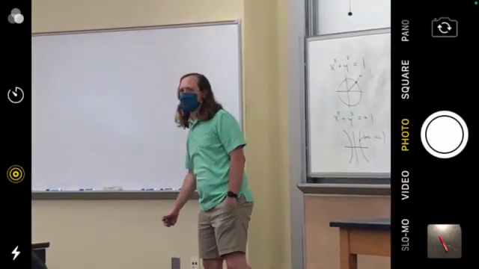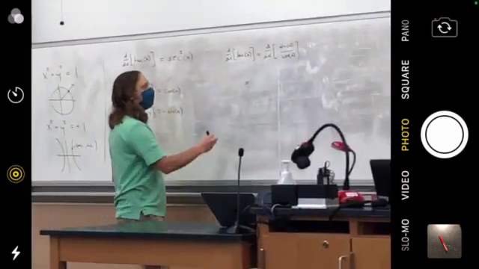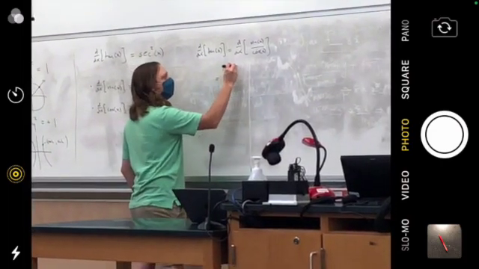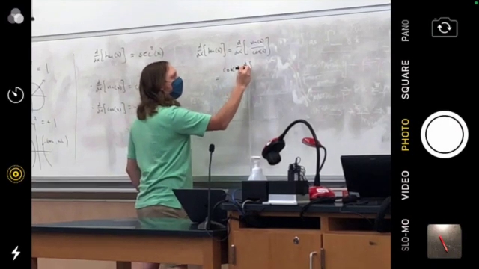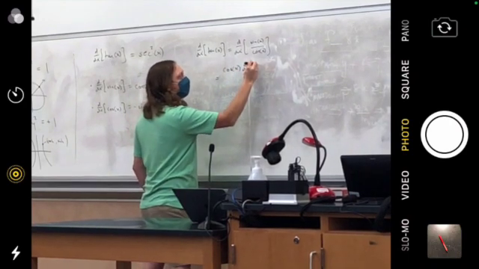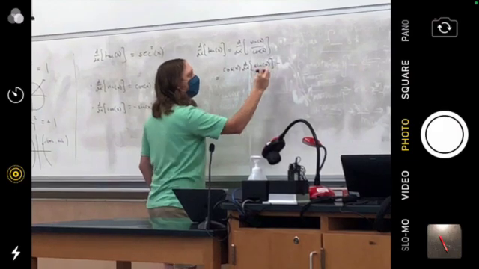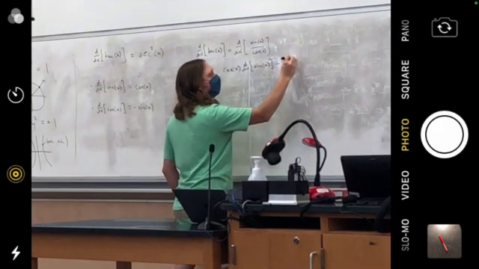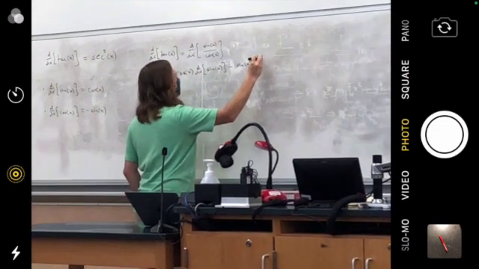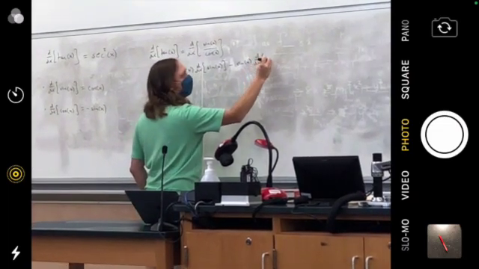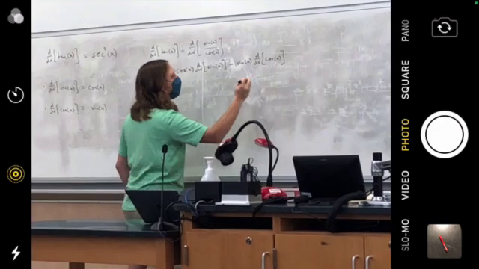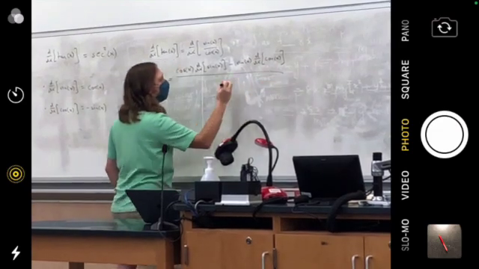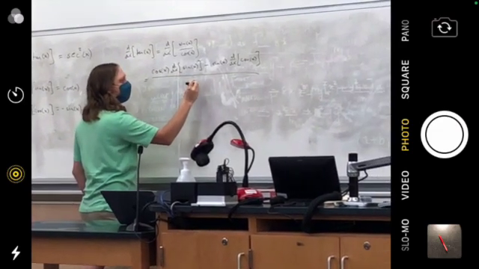What's the rule? Sine divided by cosine. So bottom times the derivative of the top minus the top times the derivative of the bottom, all divided by the bottom function squared.